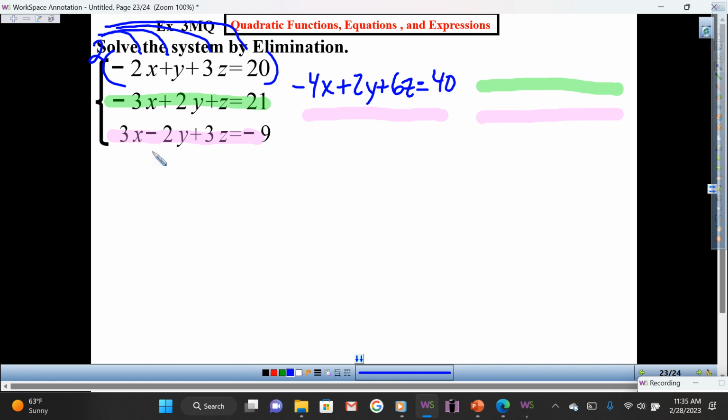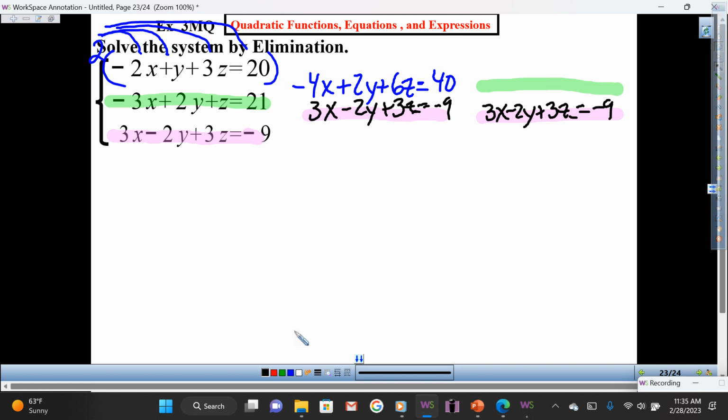The pink one underneath goes right there, 3x minus 2y plus 3z equals negative 9. All right, I'm going to rewrite that here, 3x minus 2y plus 3z equals negative 9.